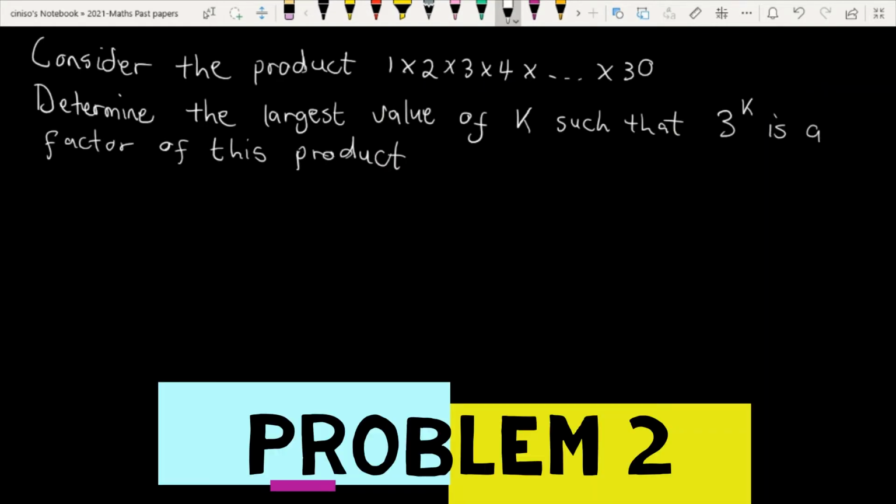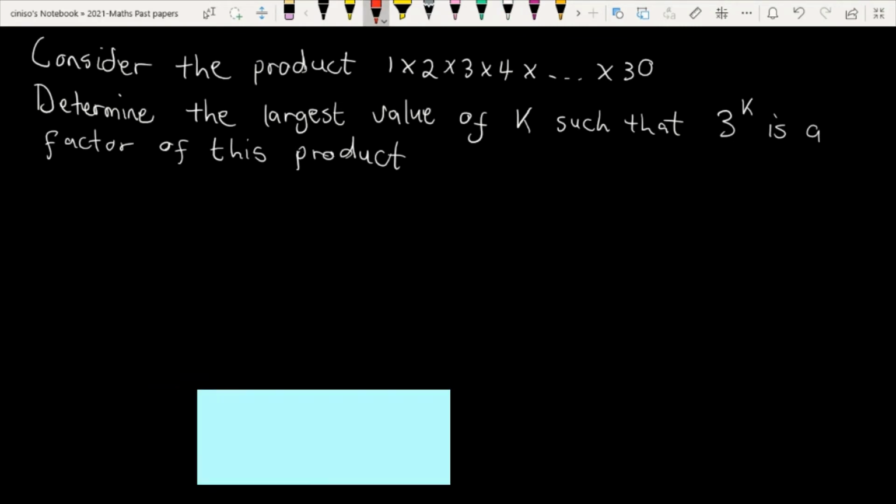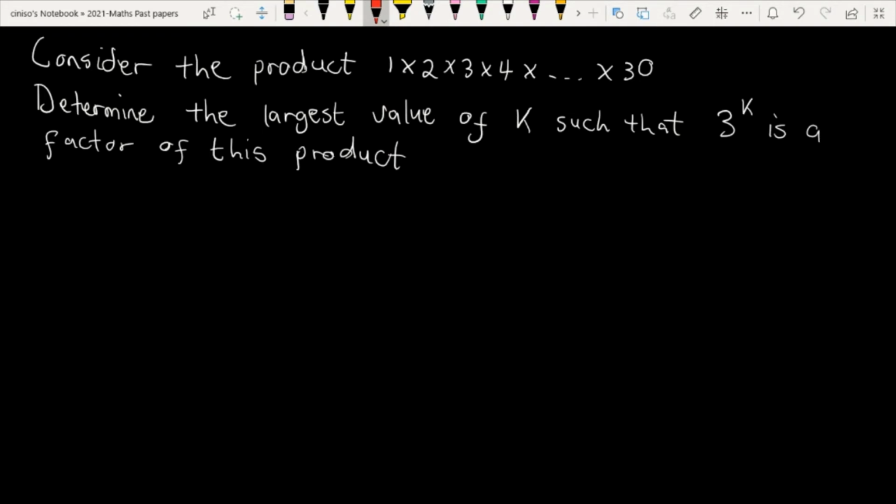Consider the product of 1 times 2 times 3 times 4 times all up to 30. Determine the largest value of k such that 3 to the power of k is a factor of the product. So now what we're going to do is first find the multiples of 3, because 3 to the power of k is a factor.